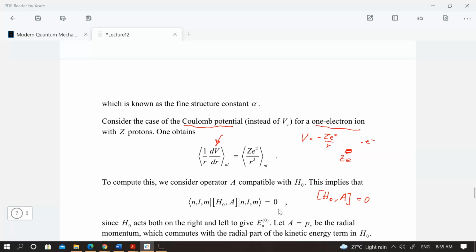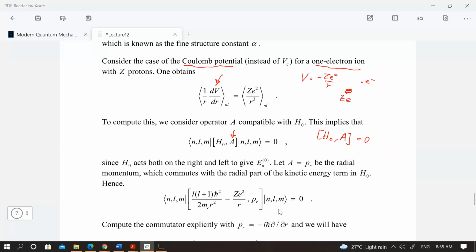But what happens over here is you really want the matrix element of this A. So let's look at a possibility of an observable A which almost commutes with your H naught. So this is given by your radial momentum.